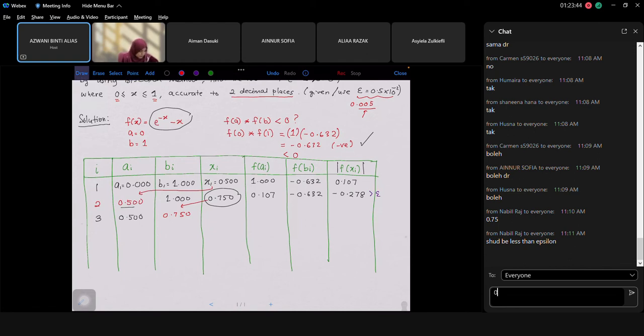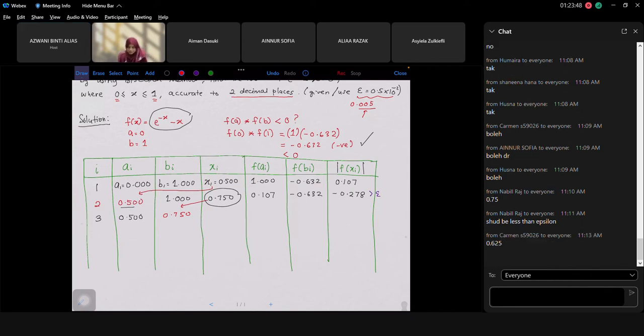Dapat apa? Yes. Sorry, this I can write this one. 0.625. Faham lah tu? So cari the value of here.